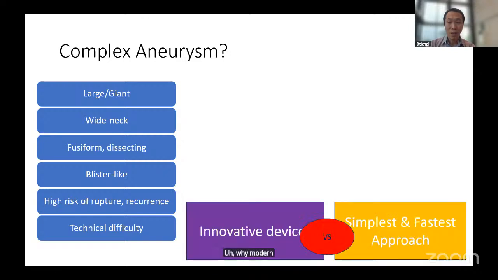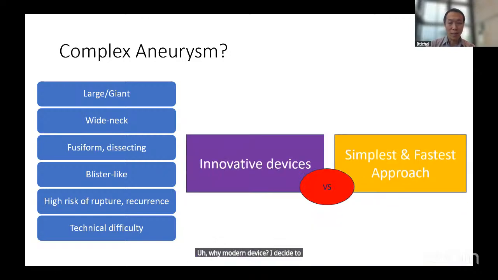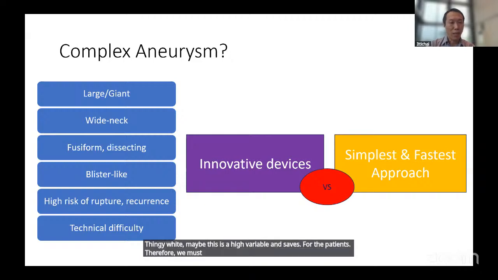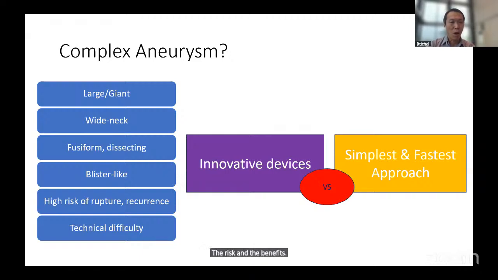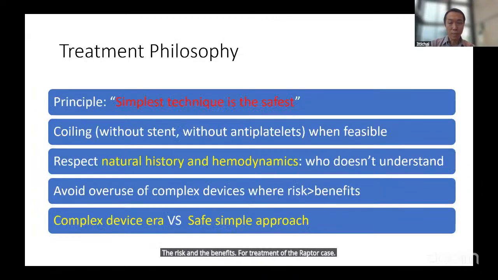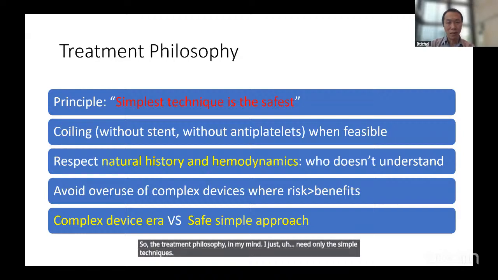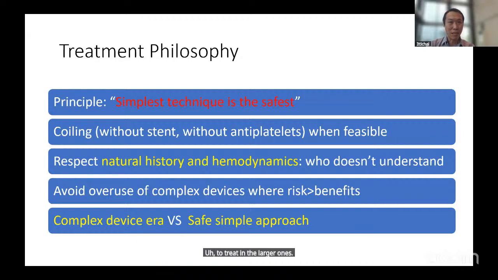Modern devices are designed to achieve successful treatment, but the simple technique, maybe just coiling without any assisting device, may be more reliable and safe for the patients. Therefore, we must evaluate the risks and benefits for treatment of the ruptured case. So my treatment philosophy is that I need only simple techniques to treat ruptured ones, because this gives the safest result for the patients.